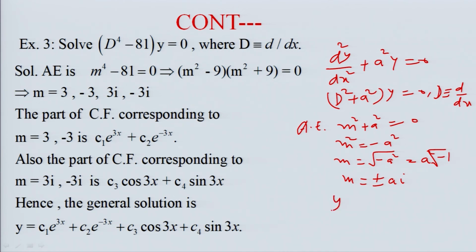The solution is y equal to C1 e raised to the power aix plus C2 e raised to the power minus aix. Expanding the exponentials by Euler's formula and combining C1 and C2, we get a cos ax plus b sin ax.